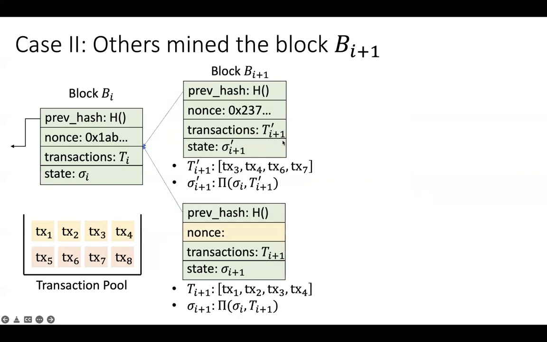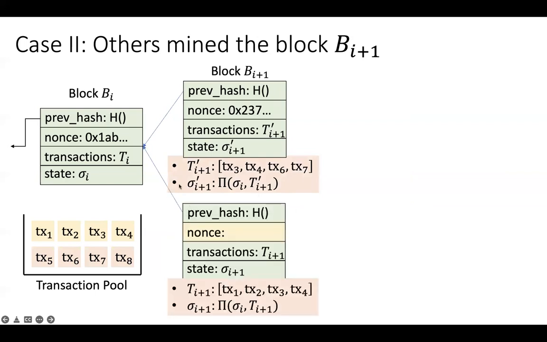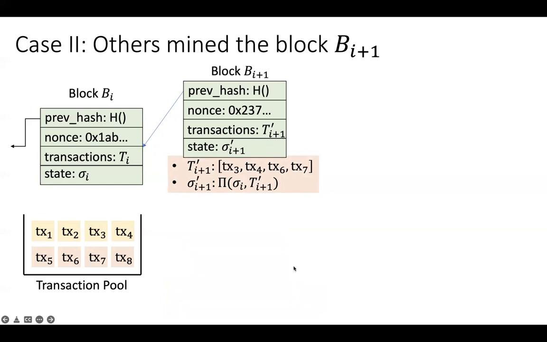But let's assume that the different miner mined a different block at height i+1, consisting of a different set of transactions, Ti+1 prime, which is different from the original transactions that the miner picked. As a result, this new state, sigma i+1, will be different from the sigma i+1 computed by this miner. As a result, the miner will delete the partially created block and also reset its transaction pool.